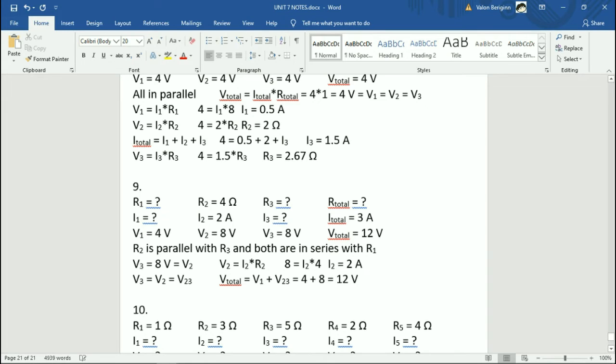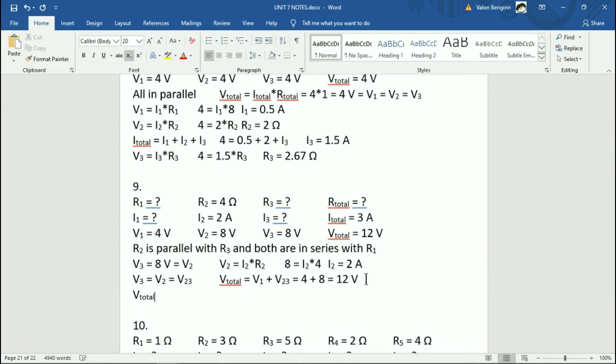We can then use V equals IR. We have 12 equals 3 times 4. Well, it does equal... Okay, it's our total, but our total equals 4. That's not a total. Okay, 4.